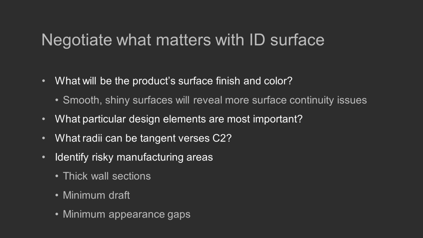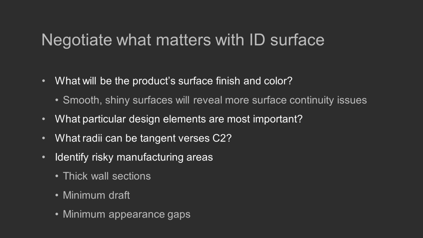This affects the way that you execute, in that if you have very smooth and shiny surfaces, metallic, black, or white, this can have a real impact on the quality of the continuity of the surfaces that you create in SolidWorks.